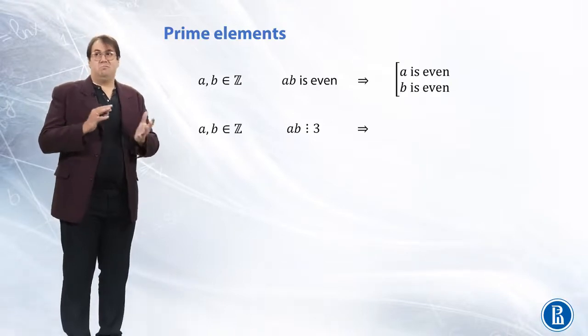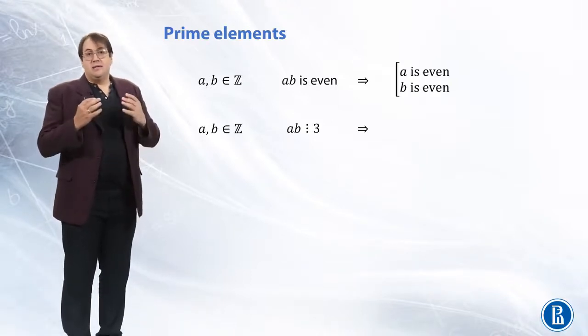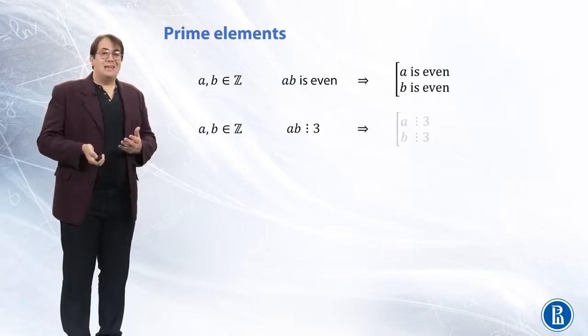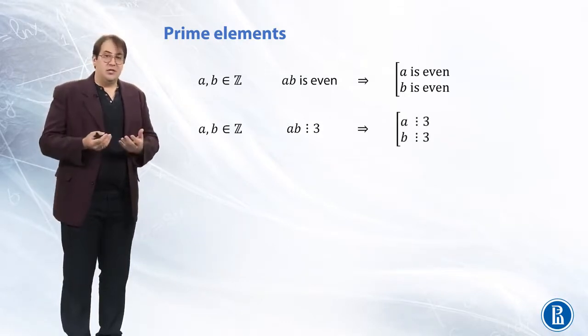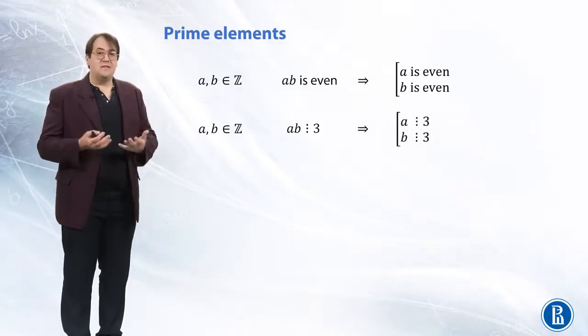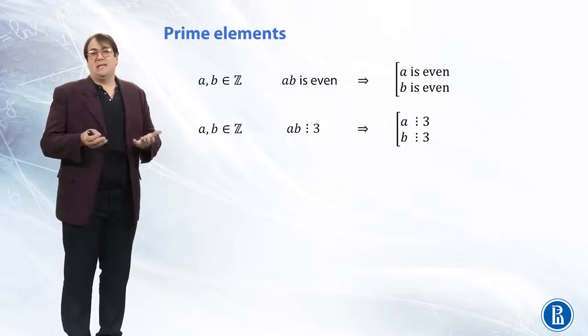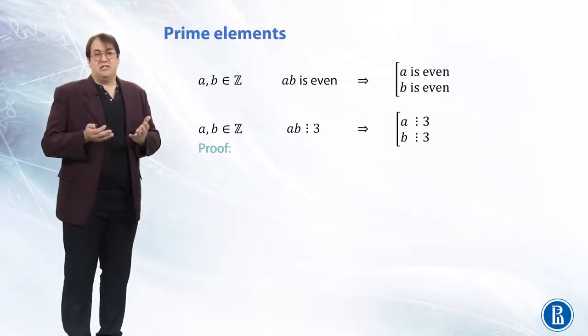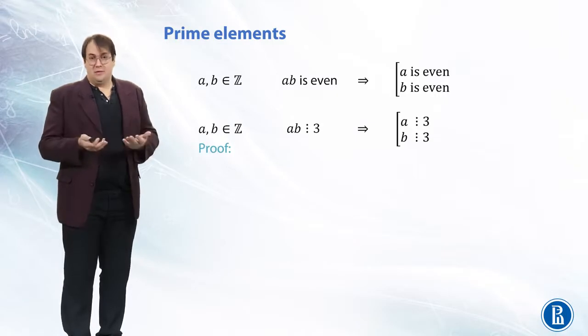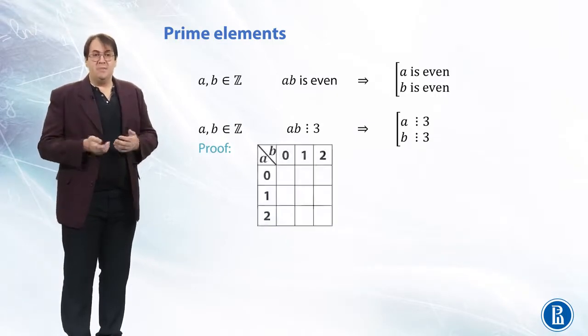With a little thinking, we can conclude that at least one of these integers must be divisible by 3. Well, we can actually prove this. Let's consider all possible remainders when divided by 3.